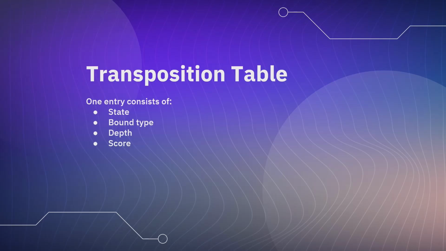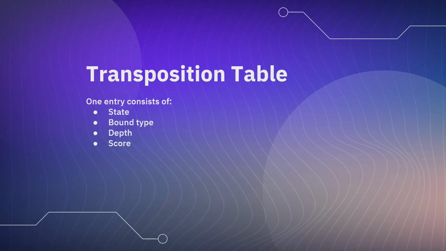The bound type is because sometimes the result is not exact; sometimes you encounter a beta cutoff or an alpha cutoff. The depth is what depth you searched at when you encountered that state, and the score is what you arrived at.